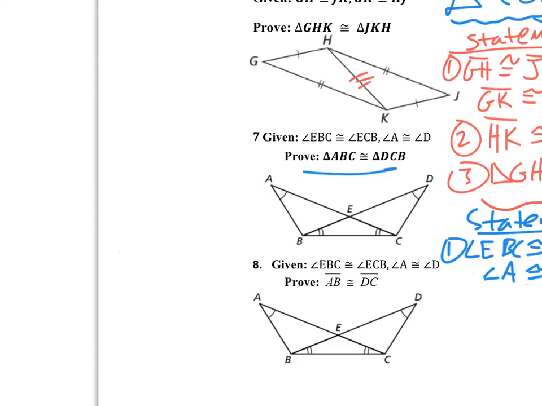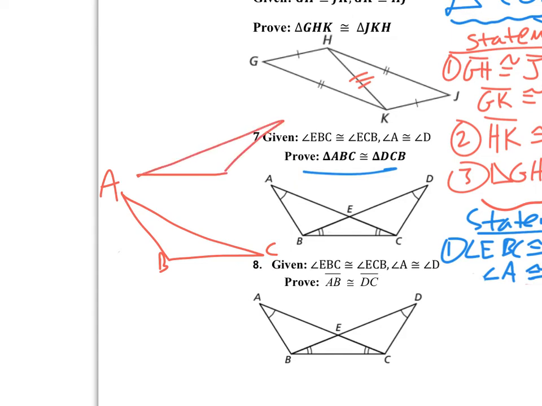So they're overlapping triangles, so it's a good idea to draw them out. There's A, C, B, and then we've got this one right here, and that's DCB.